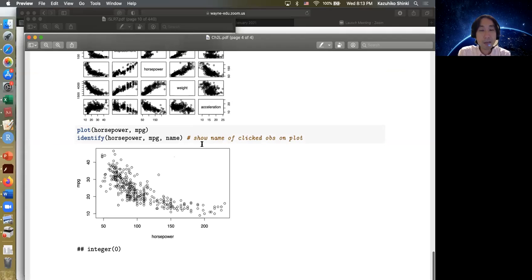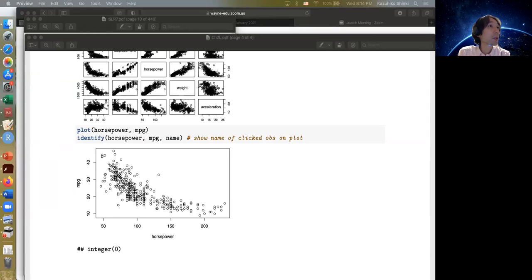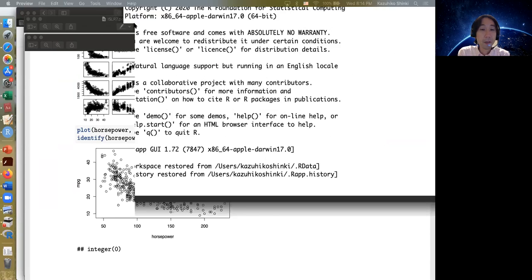Yeah, and some R graphs are interactive. So you can see the horsepower data.